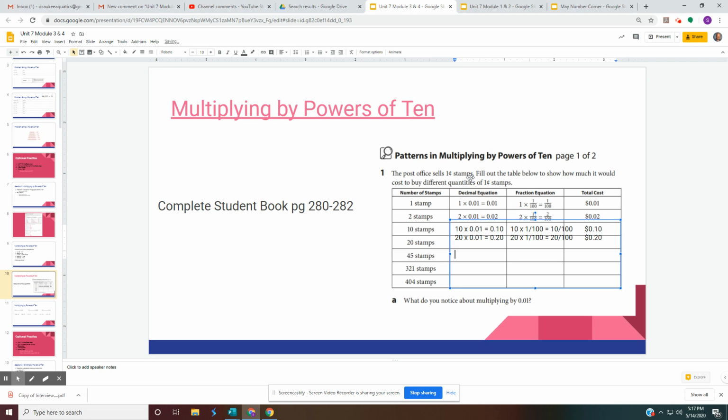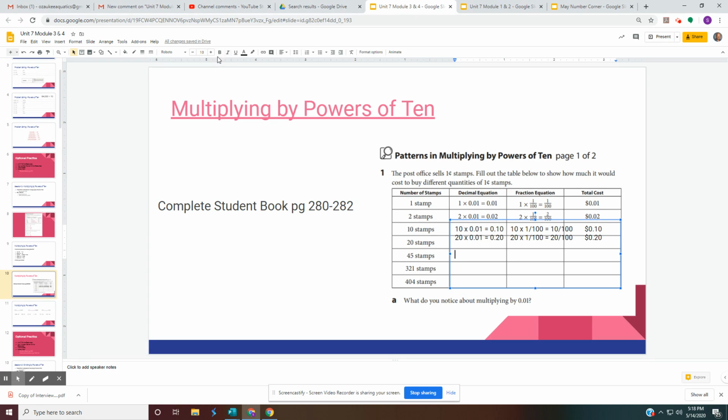So go ahead and figure that out for 45 stamps and 321 stamps and 404 stamps. And what do you notice when you multiply by 0.01? Go ahead and fill in that answer and come on back to the video when you're done.